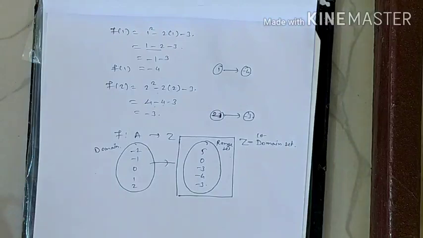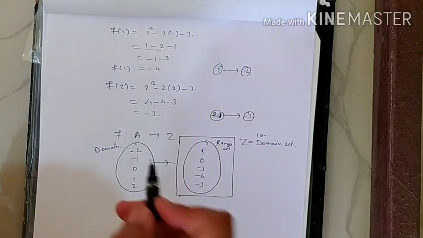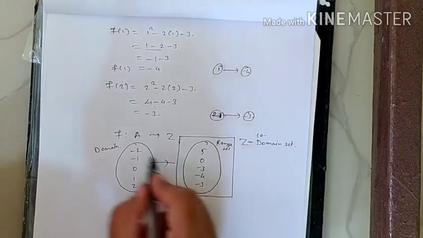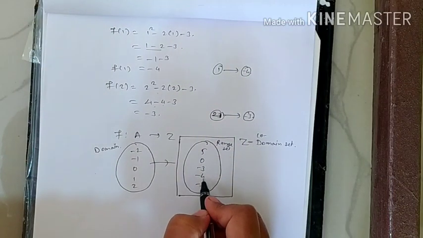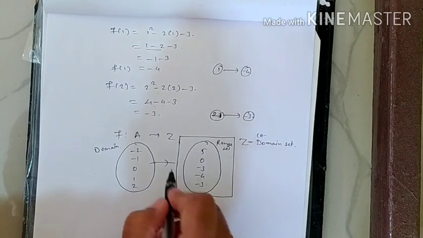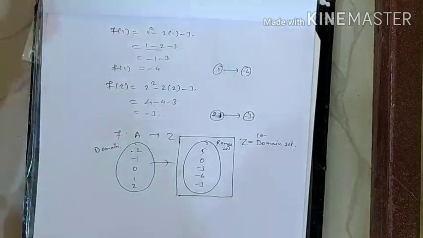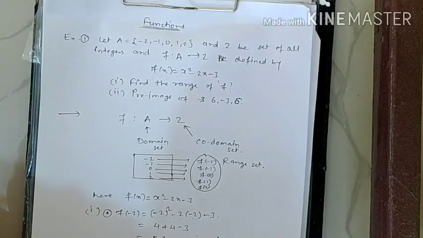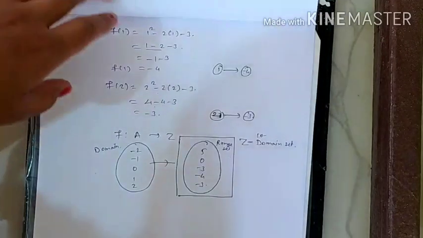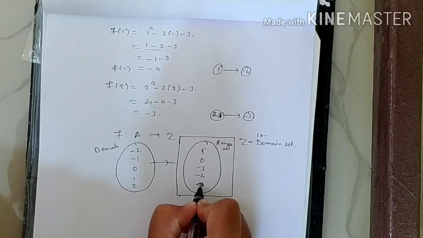Now students, the range set of function f will have the elements 5, 0, minus 3, minus 4, and here also minus 3. For 2 square it is minus 3, and for 0 also it is minus 3. So no need to write this minus 3 again.